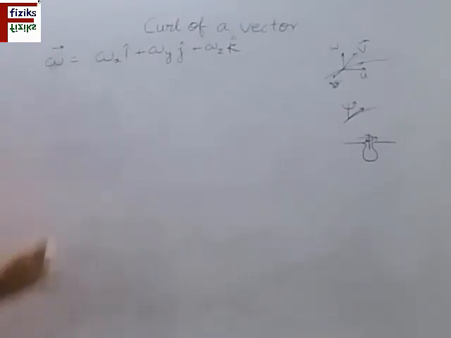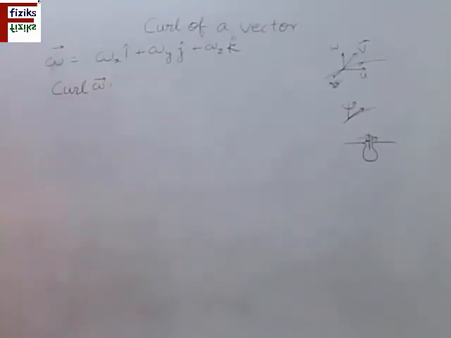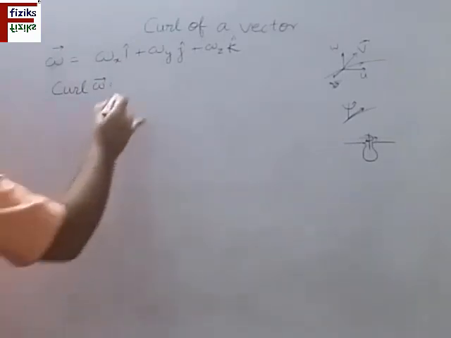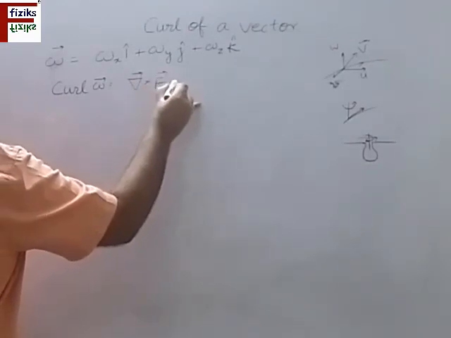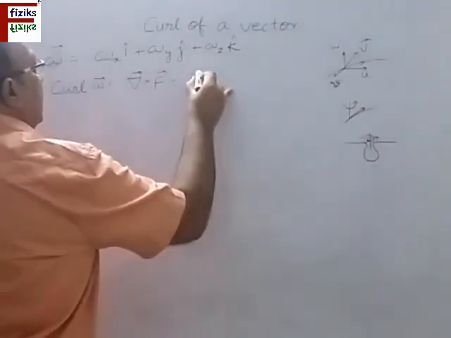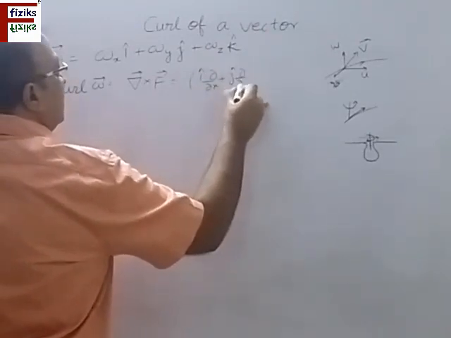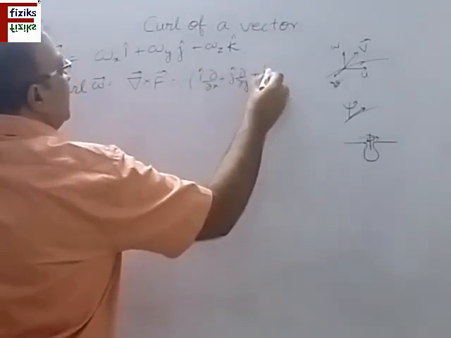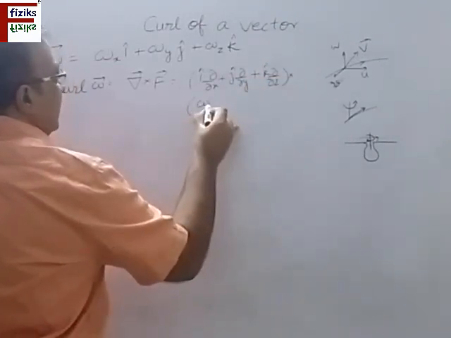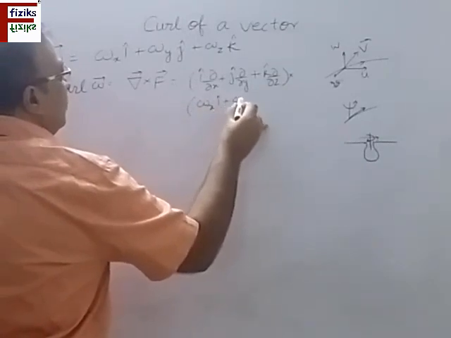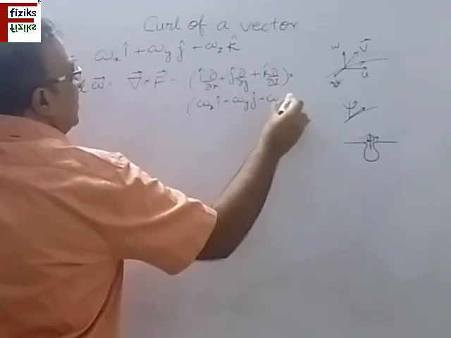So I can write the curl of omega. This is equal to grad cross f. And this is i del over del x plus j del over del y plus k del over del z, and cross product of this with omega x i, omega y j plus omega z k.